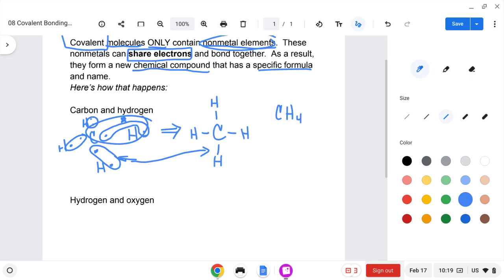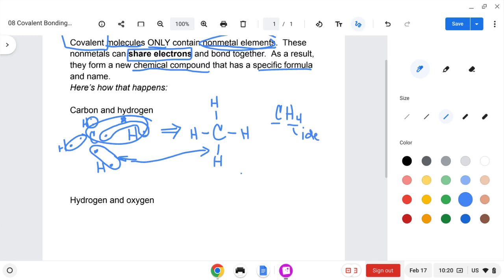Now, how do we name this? Well, this is different because we're not doing a transfer of electrons like in an ionic bond. We don't have ions like we do in an ionic bond. So when we name this, it's kind of similar, but a little bit different too. We state the full name of the first element, and then we add IDE to the second element.